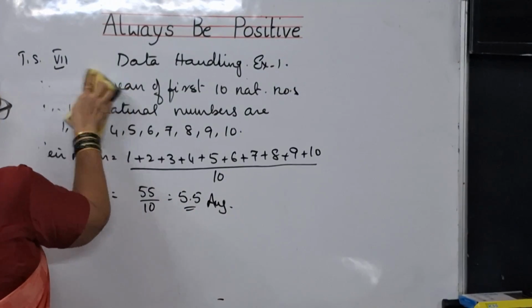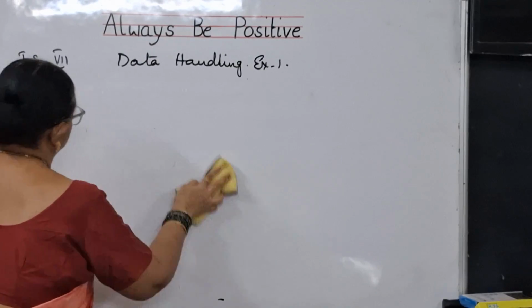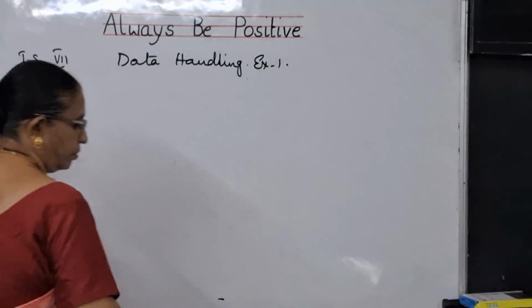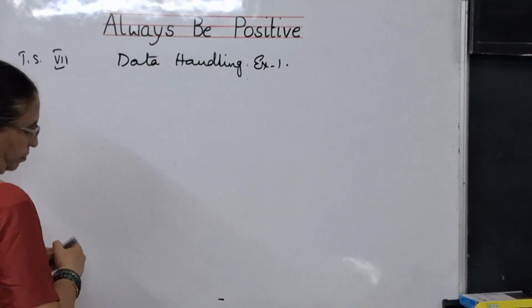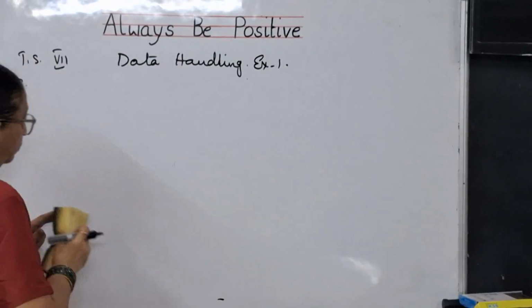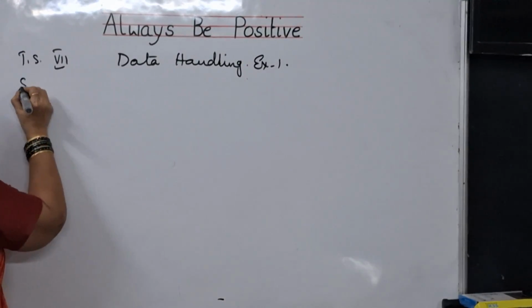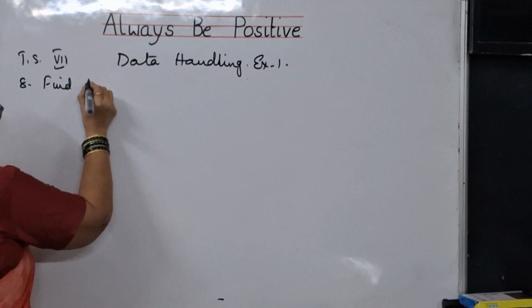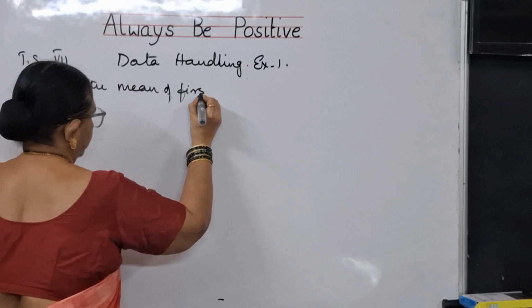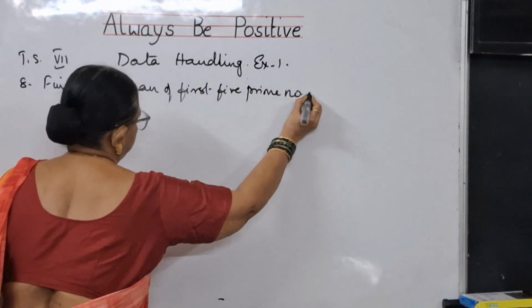Now, 8th one. Find the mean of first 5 prime numbers.